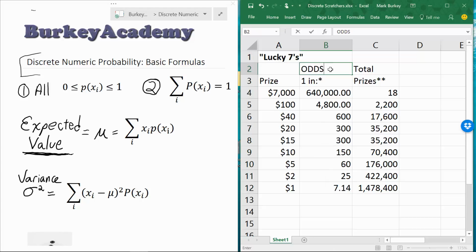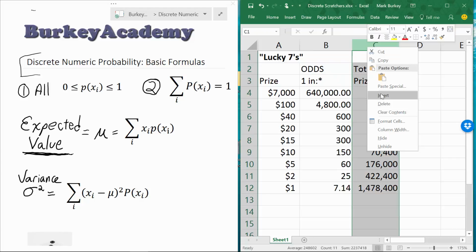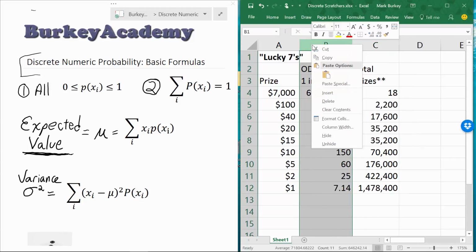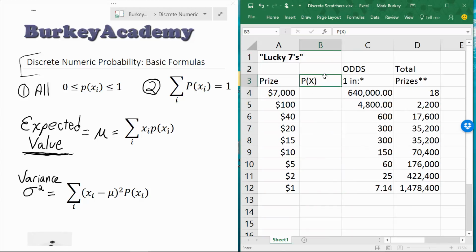So let's convert those into probabilities so it's a little easier to see what's going on here. So let me insert a column right here, and we'll call this our P of X, or probability of X. So here our X's are the prize amounts.